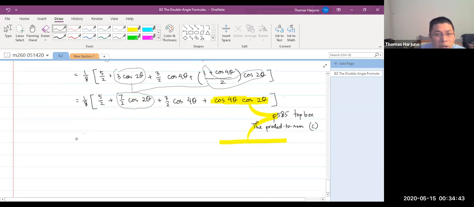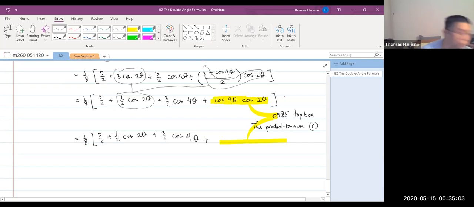So that's 1/8, 5/2, 7/2 cosine 2 theta plus 3/2 cosine 4 theta plus.